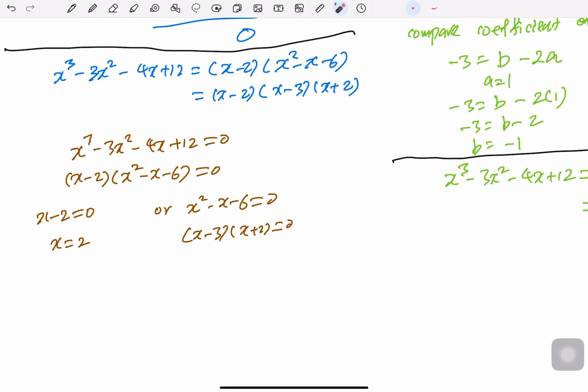If you have the habit of stopping here, when you cannot factorize, you might not know what to do. So if it's solving, I will solve first and get one solution. This one I just write here. Now it's a quadratic equation. If it can be factorized, I factorize. If it cannot be factorized, I will use the formula.